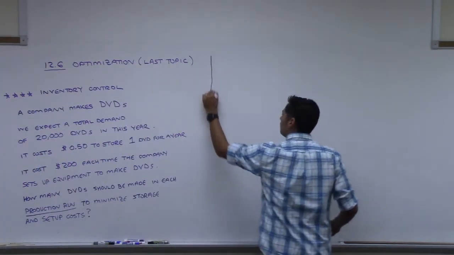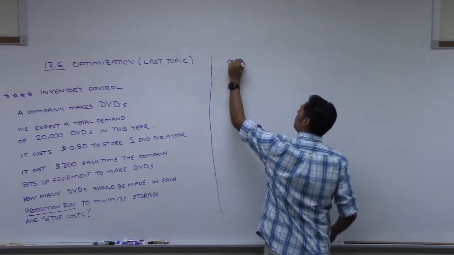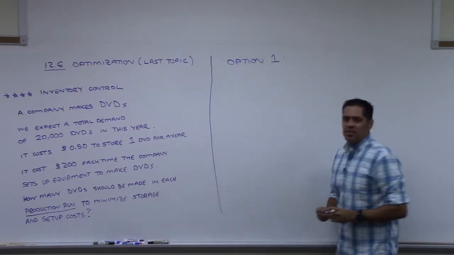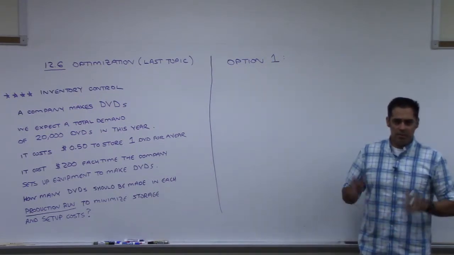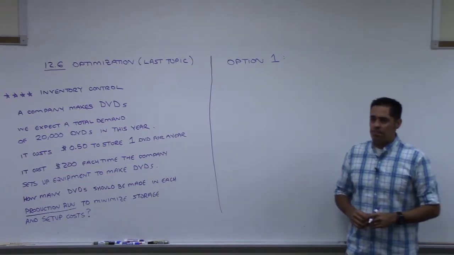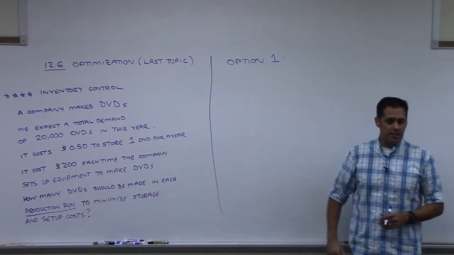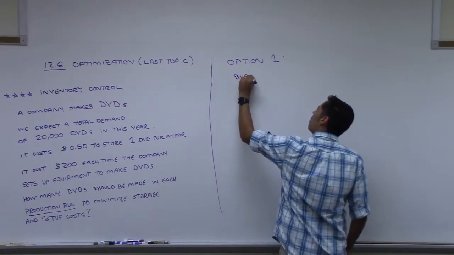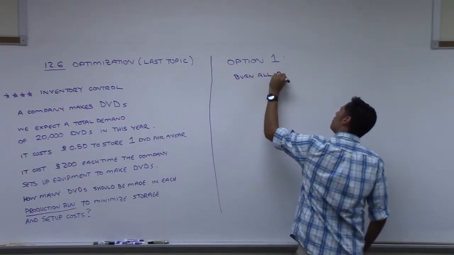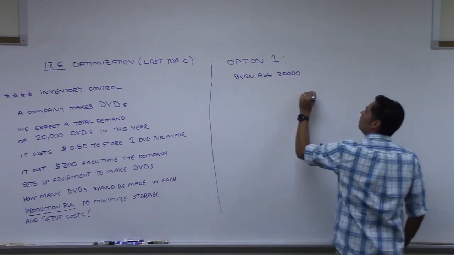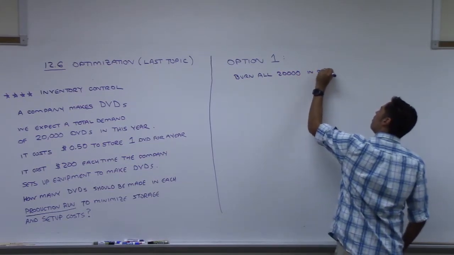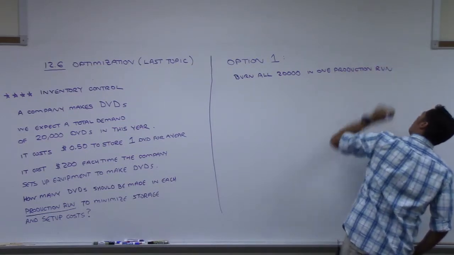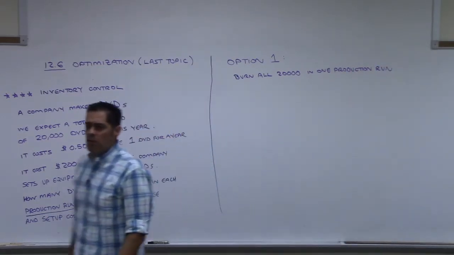One way we could do it, let's say option 1, would be first day of the year, we decide to just burn all 20,000 DVDs in one production run. Okay? That's one way we could do it, right?